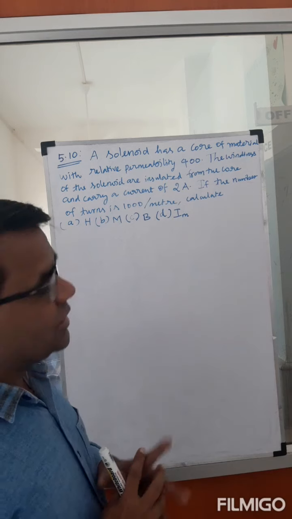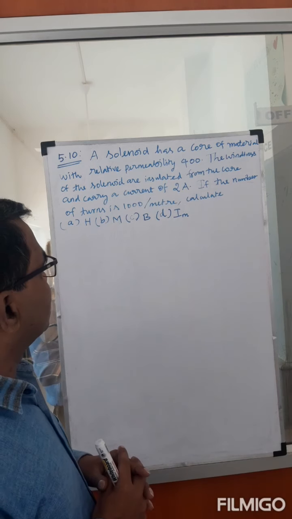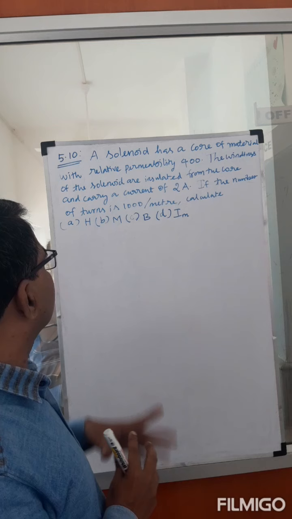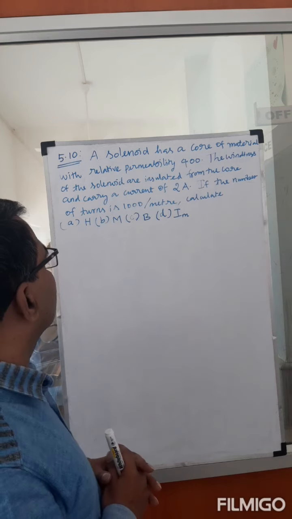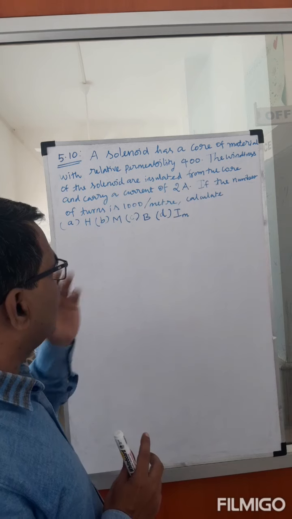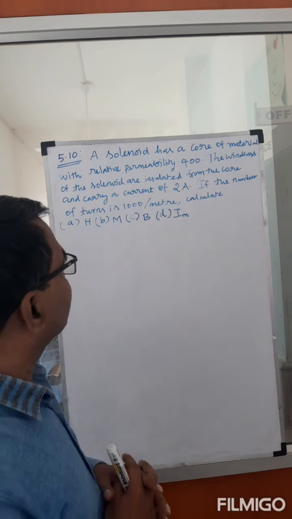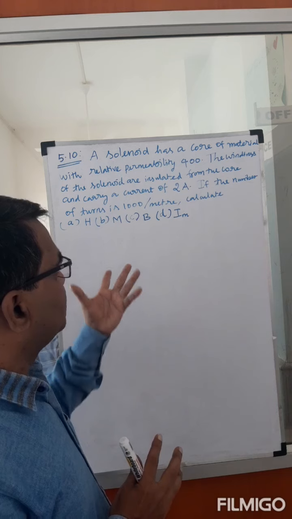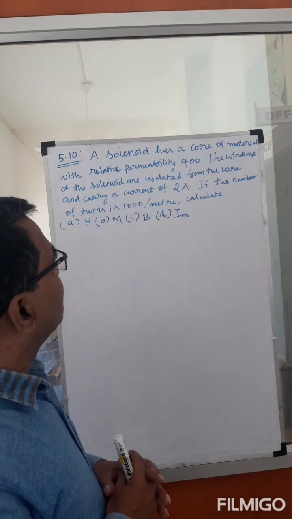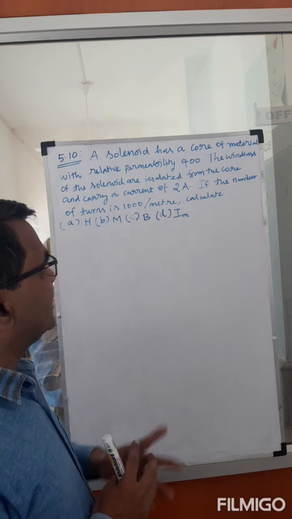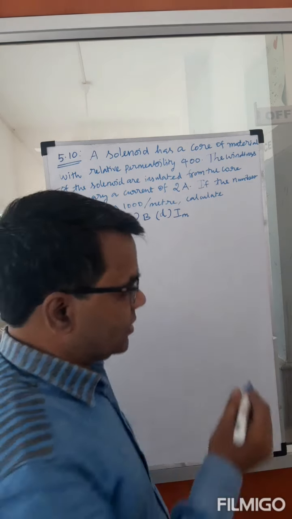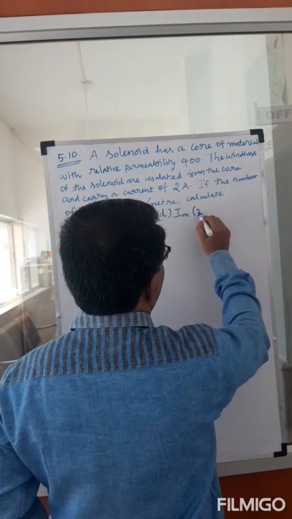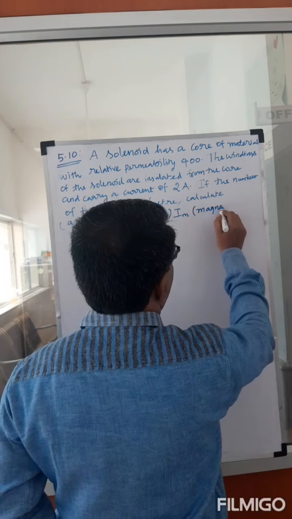If the number of turns is 1000 per meter, then calculate A, H, which is the magnetic field intensity, B, M, which is the magnetization, C, B, the magnetic field strength, and then D is IM, which is the magnetizing current. This is something new, we'll talk about that.